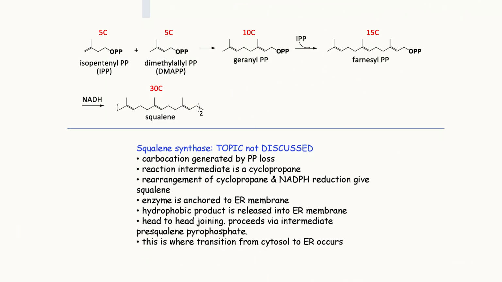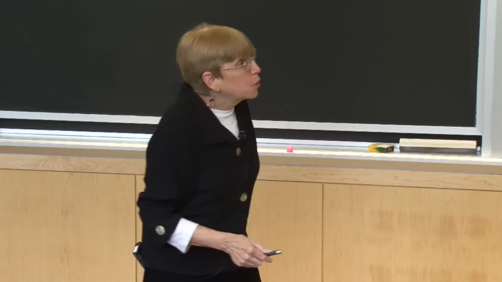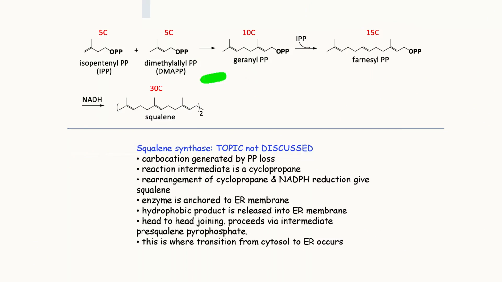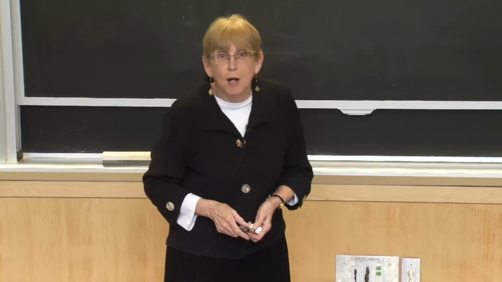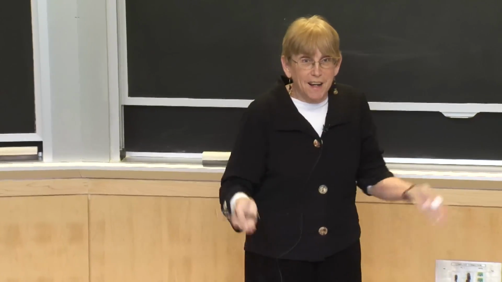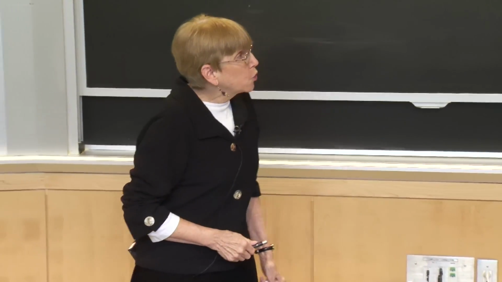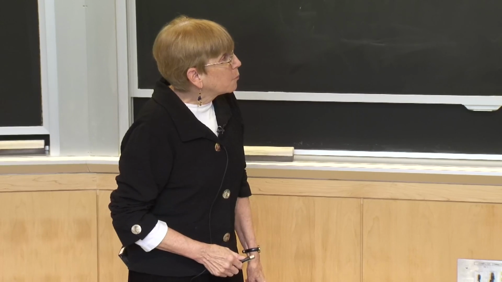How do you take two C15s and form a C30? You lose your pyrophosphates, and when you generate this, you have a linear C30, which is a complete hydrocarbon and is insoluble. So this defines that you need to be in the membrane to do any further chemistry.